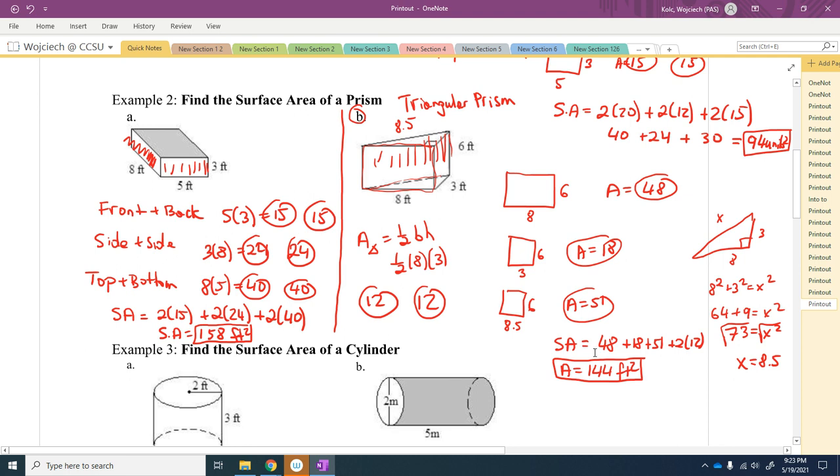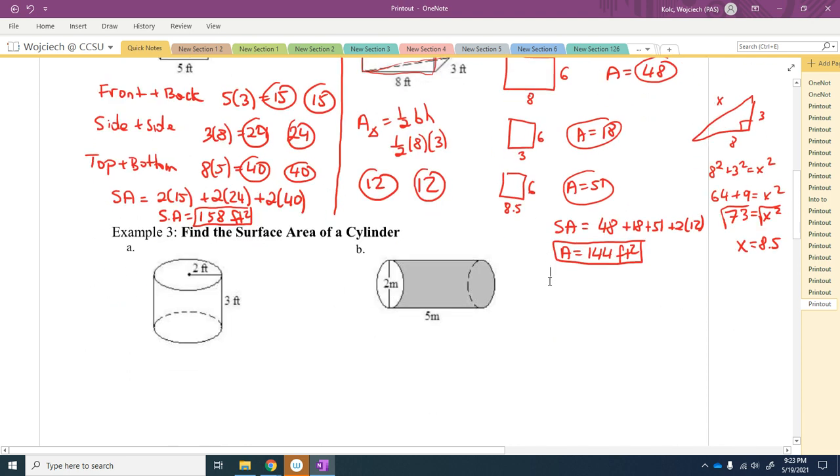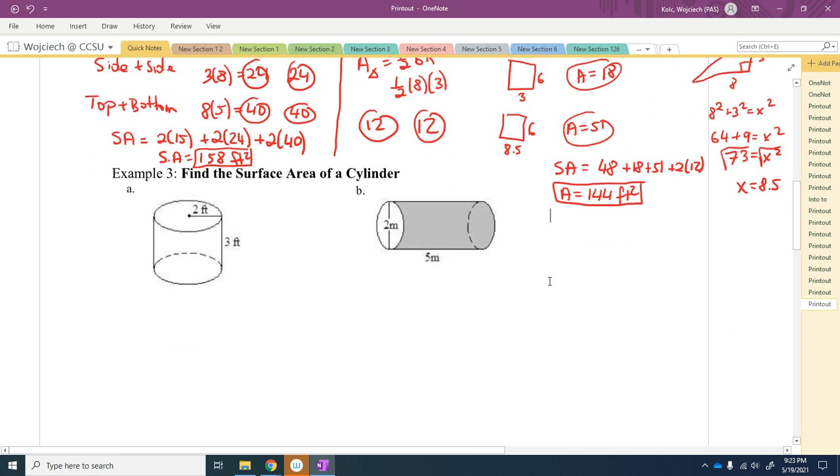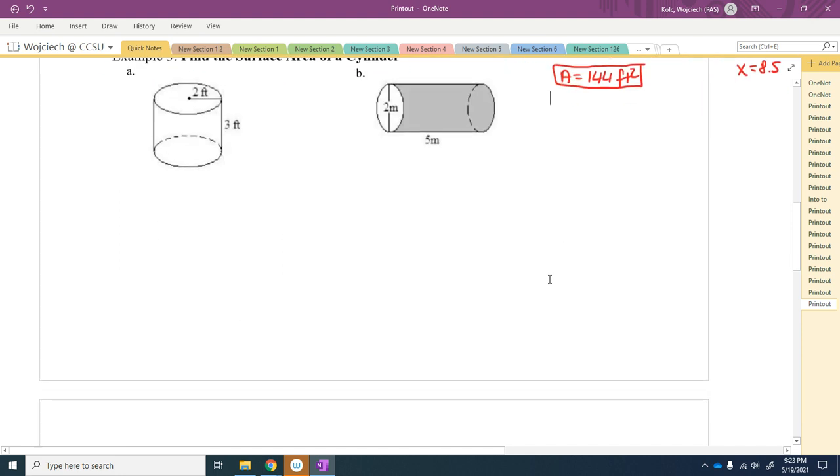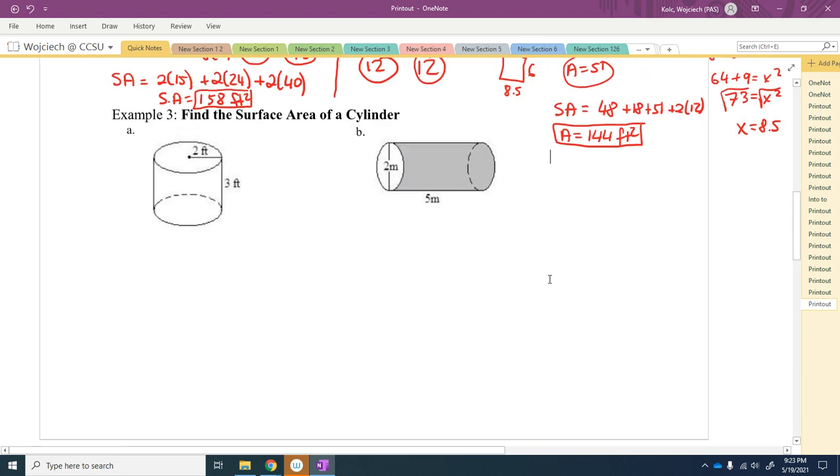And finally, example number 3, we have surface area of a cylinder. So before I explain this, I would like to show you the net of a cylinder. If you actually cut the cylinder, like imagine a paper, the cylinder will look like this.